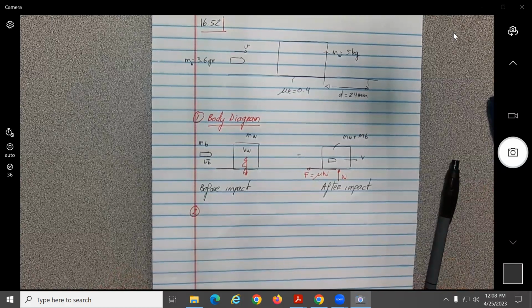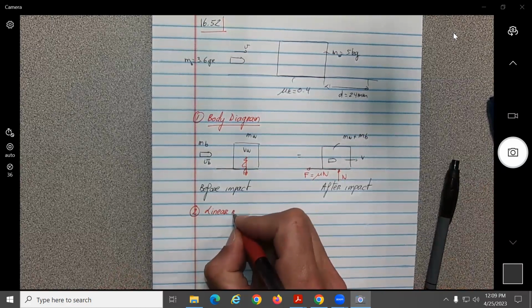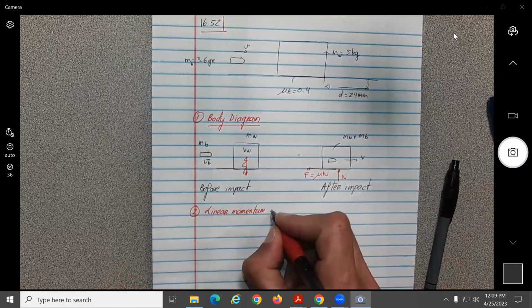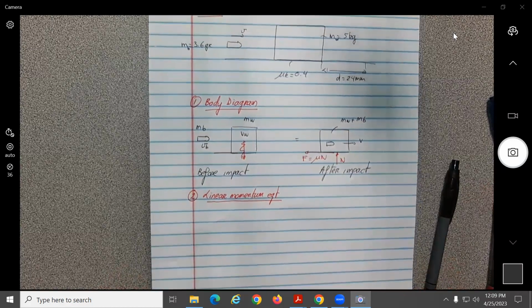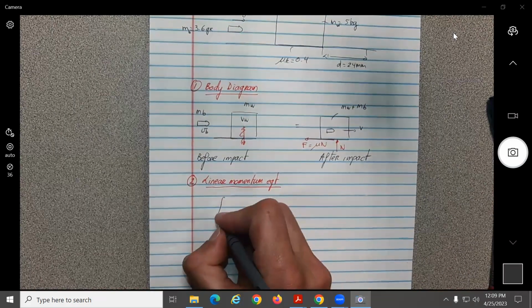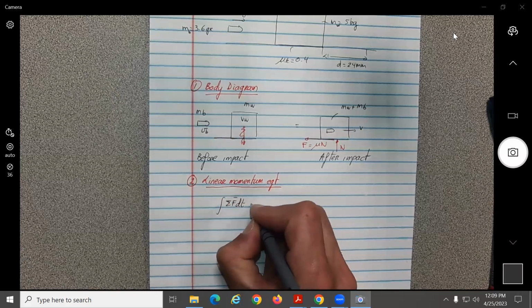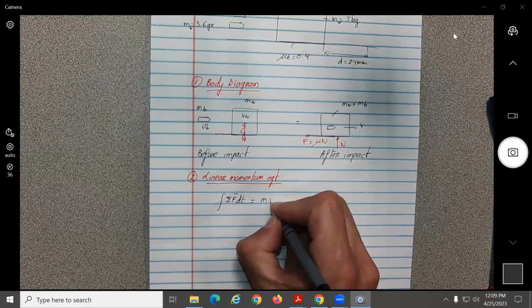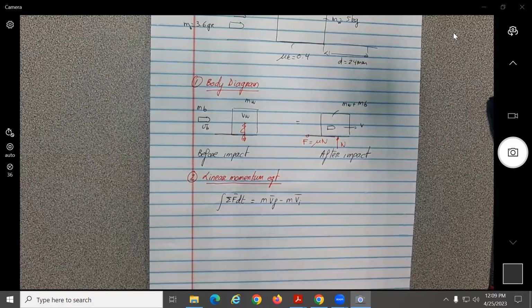Okay, so for the second one, what type of motion are the bullet and the block having? Translation, so we can use linear momentum. I'm going to do a quick derivation. The equation for translation for momentum is the summation of forces dt, which is the impulse, equal to mv final minus mv initial.